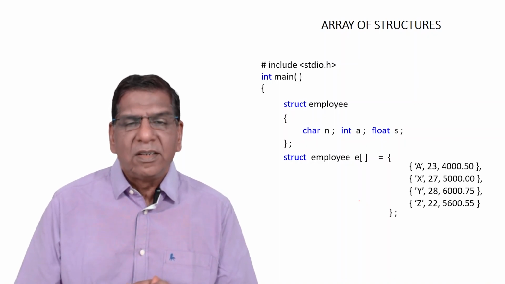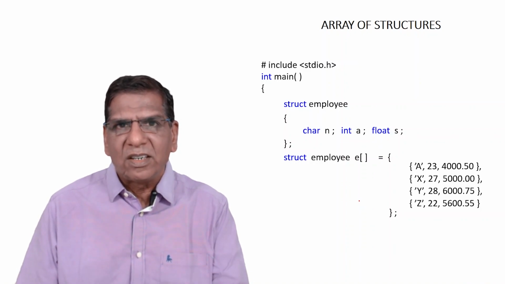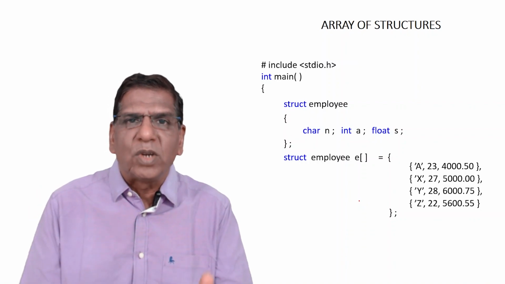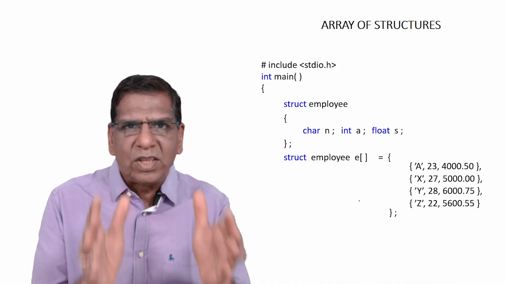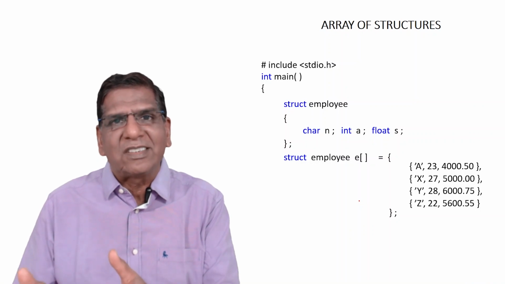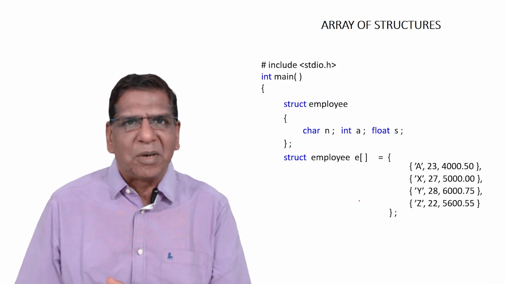Fine. So within a structure you can have dissimilar elements, and then these dissimilar elements together can be part of an array of structures. So 0th element of this array is one collection of dissimilar elements. It is similar to the next set of dissimilar elements, is similar to the next set of dissimilar elements.